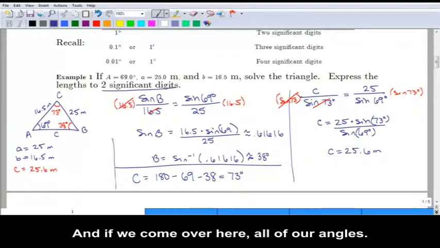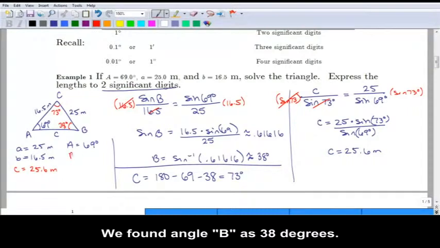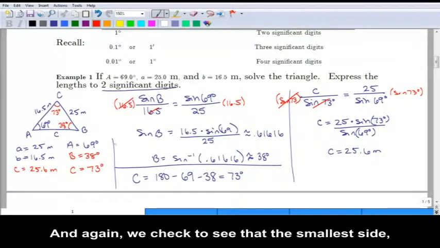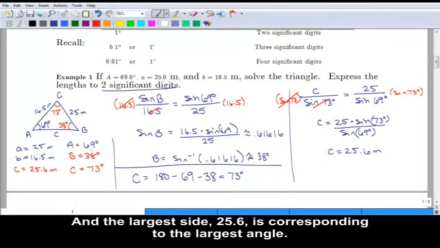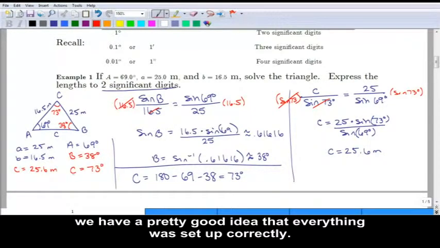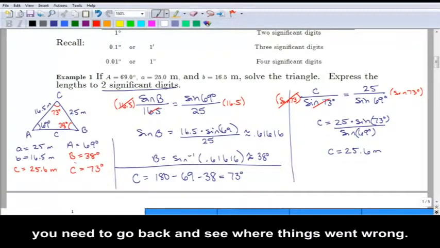And if we come over here, all of our angles, angle A was given as 69 degrees, we found angle B as 38 degrees, and we found angle C as 73 degrees. And again, we check to see that the smallest side, in this case B, is corresponding to the smallest angle, and the largest side, 25.6, is corresponding to the largest angle. And again, this is just a way to check to make sure that we have a pretty good idea that everything was set up correctly. If this is not working out correctly, you need to go back and see where things went wrong.